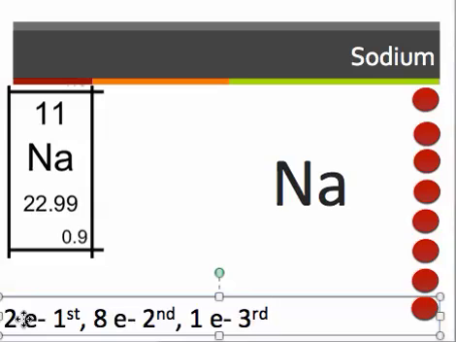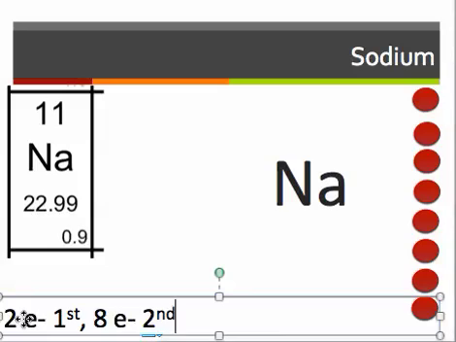And so what we're doing here is we are losing the 1 electron out of the third shell. And so sodium now has a stable noble gas configuration because the second shell is completely filled with 8 electrons.